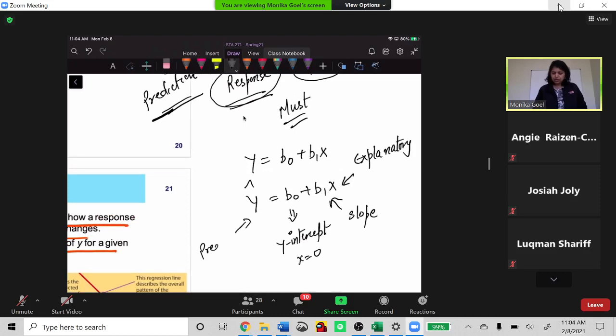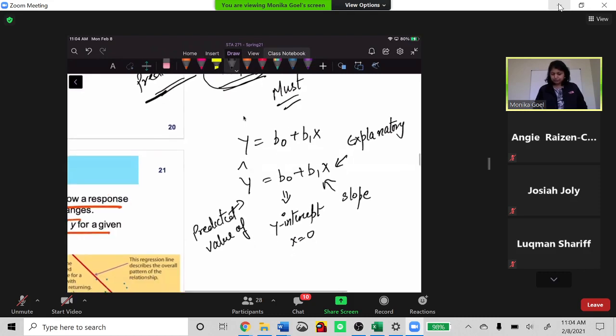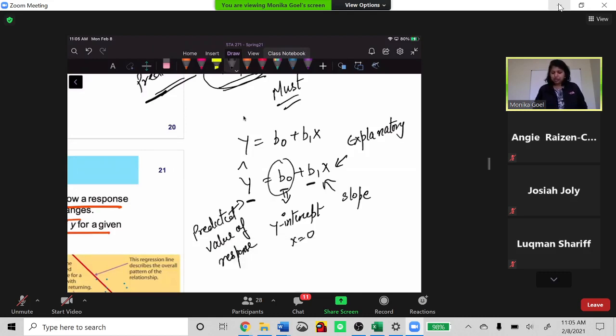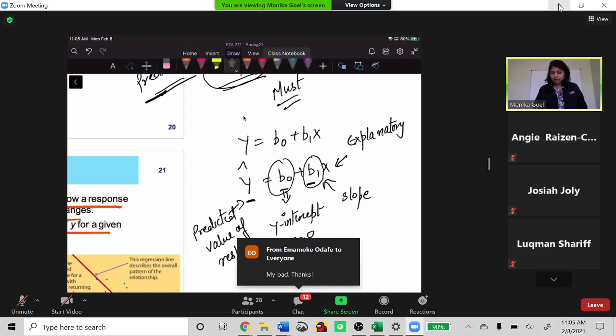And this y-hat is the predicted value of your response. So you need to know what is the equation of the line, what is the predicted equation of the regression line, and what we mean by each of these individual terms, if we have this value, what do we mean by this.